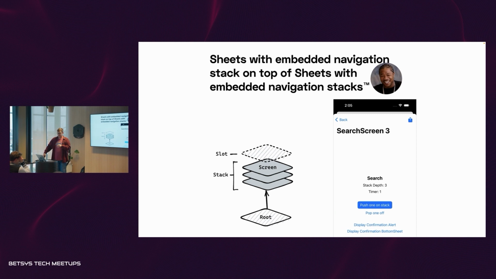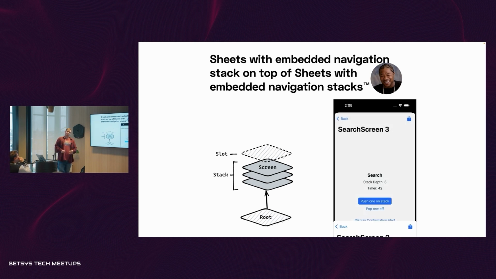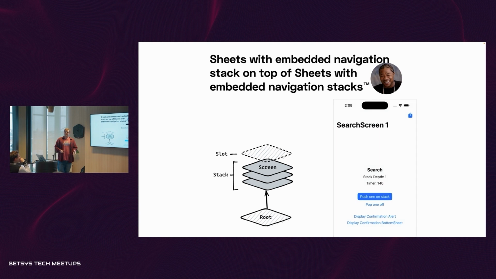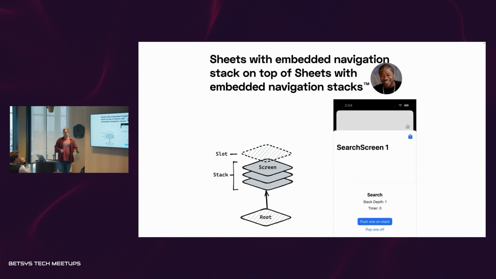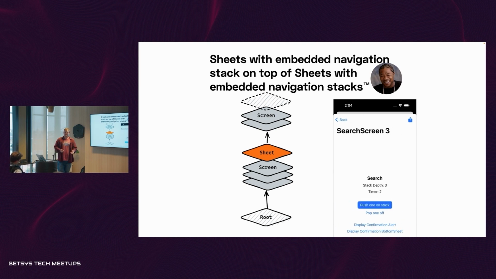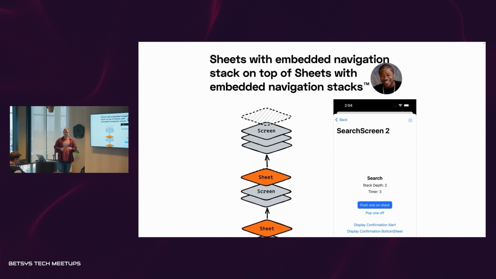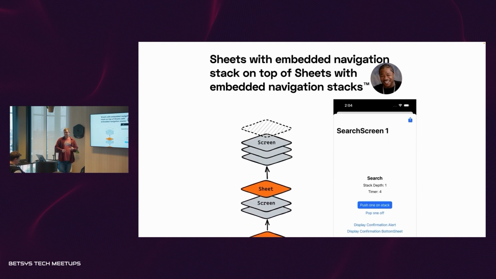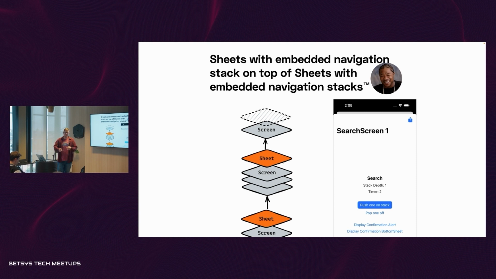On the diagram, it looks something like this, or in Decompose, it looks like this. You first have to create an empty slot, and in that slot you create a sheet. In that sheet you have another navigation stack of the children, and on the topmost child you create another slot with the sheet, and you just repeat it again and again, and this lets you implement this funny stuff.